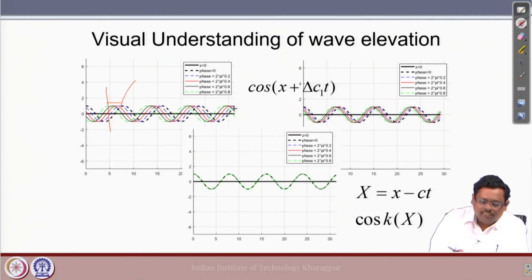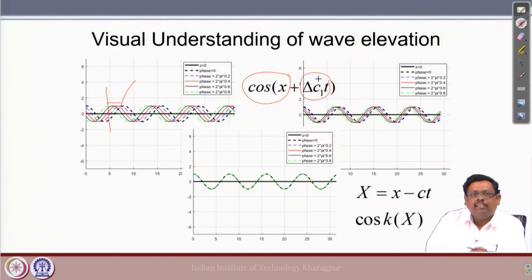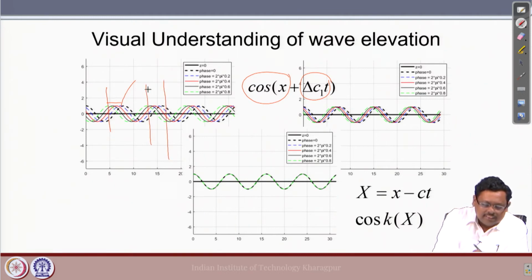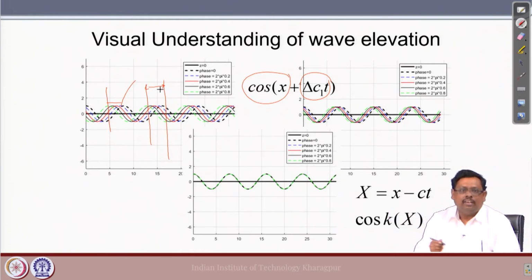Therefore, I can assume that if one wave is cos x, another wave may be cos of x plus delta c t, which you can think of as a phase. Okay. So the idea is very simple. Here, from here to here, the wave is travelling forward in a progressive way.